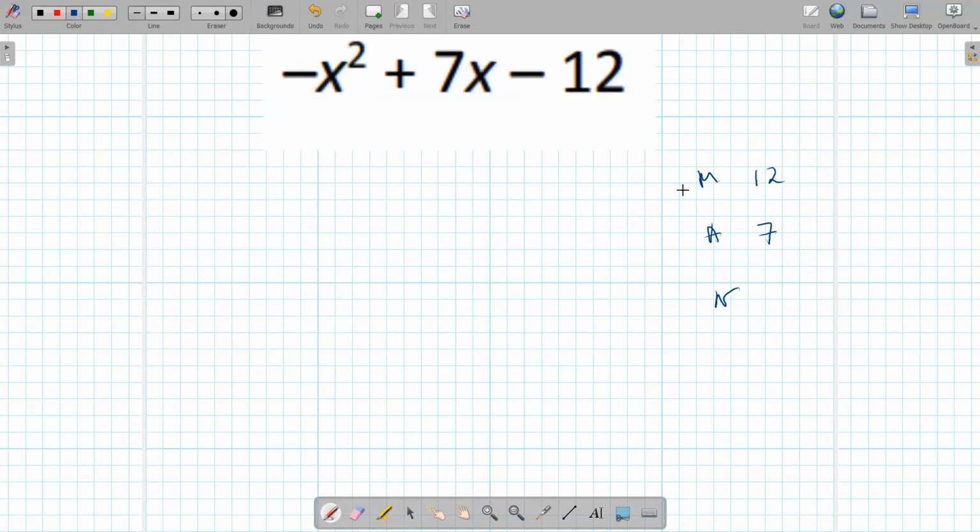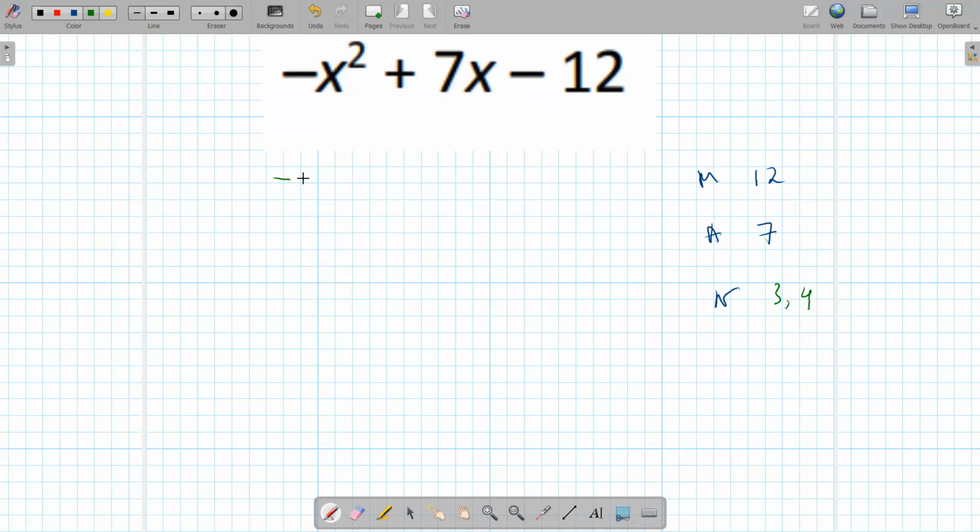Not just minus 12. We didn't have any numbers in front of x squared up until now, but now we do, so that number is also significant. So basically, you have to look at all 3 coefficients of the terms. What are the 2 numbers that satisfy these conditions? 3 and 4.